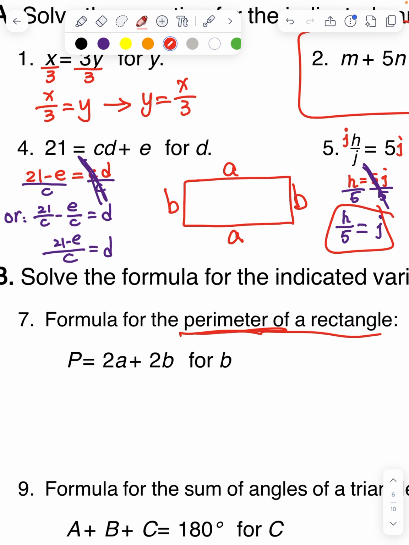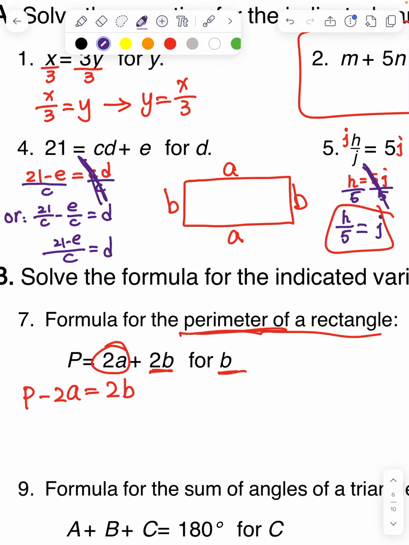So we're going to solve for B. B is right here. So I'm going to get rid of 2A by moving it to the other side. So P minus 2A. Positive 2A moves to the other side and becomes minus 2A.